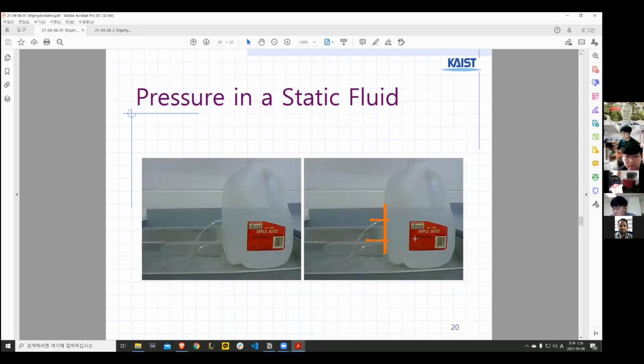As you can see in this picture, water comes in this arrow direction, which is perpendicular to this surface. And this water goes faster than the upper water because it has more depth, so it has higher pressure.